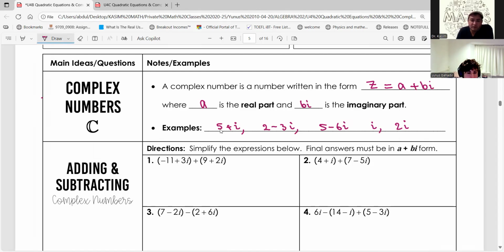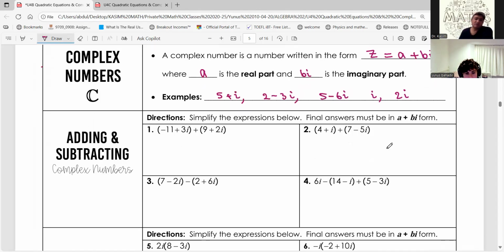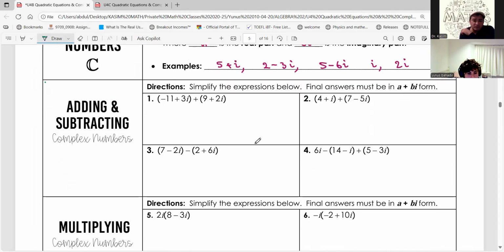In the first one, the real part is 5, the imaginary part is 1i. The real part is 2, the imaginary part is negative 3i. And the real part is 5, the imaginary part is negative 6i. So how do we simplify complex numbers or expressions involving complex numbers? Just add the real part to the real part and the imaginary part to the imaginary part. That's it. It's like combining like terms. Okay, Yunus, read the question.